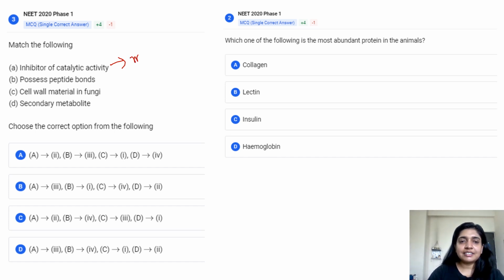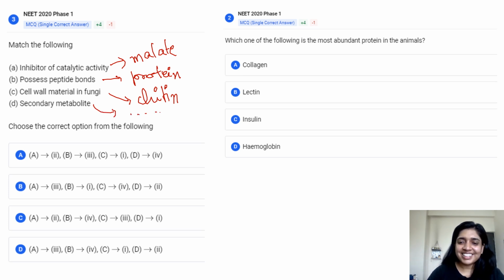So I think it will be malate over here. Then possesses peptide bonds, any protein. So whichever example is a protein will come here. Cell wall material in fungi, it is chitin. Then secondary metabolite, there are many secondary metabolites, so the list goes on: rubber, vinblastine, vincristine, multiple secondary metabolites. Antibiotics are also secondary metabolites, so it's a long list.